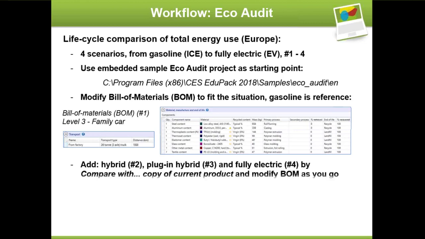So that's one step. And then we're going to use the compare with option in the Eco Audit to make copies of this bill of material and to add on materials for batteries and make the adjustments necessary to be able to make this comparison. So hopefully you can follow that and see how easy and good it is.